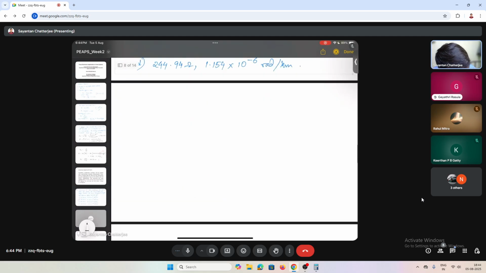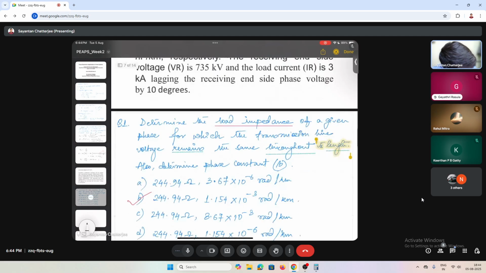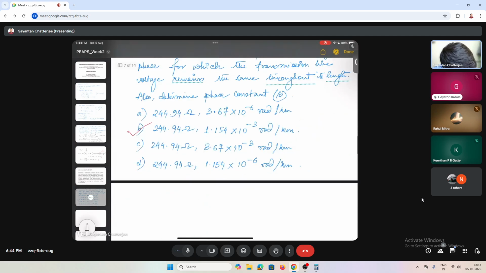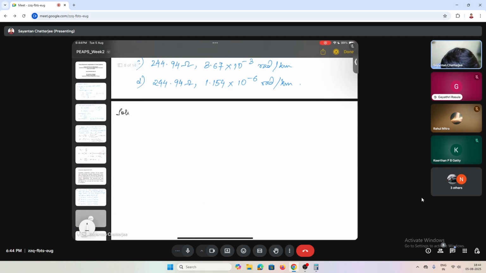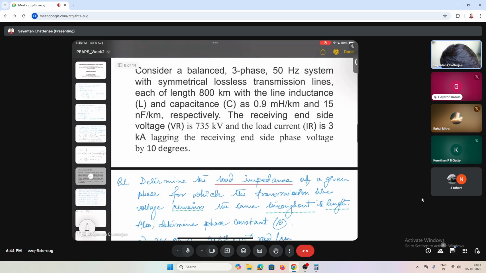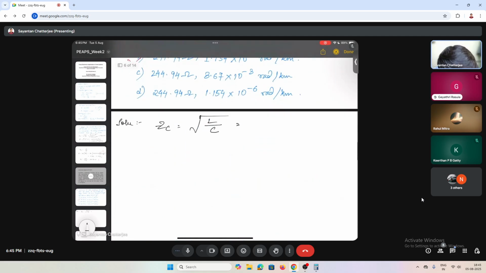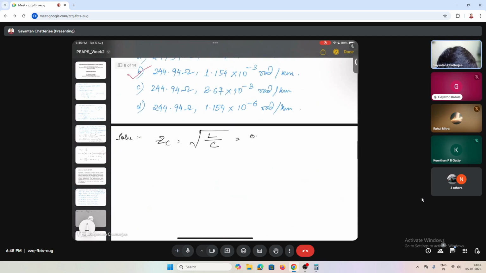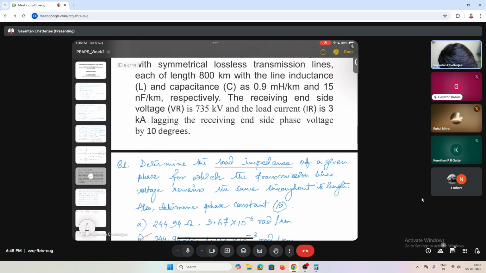ZC is root under L by C. The value of L is given as 0.9 millihenry, so 0.9 into 10 to the power minus 3, and the capacitance value is 15 into 10 to the power minus 9, 15 nanofarad.